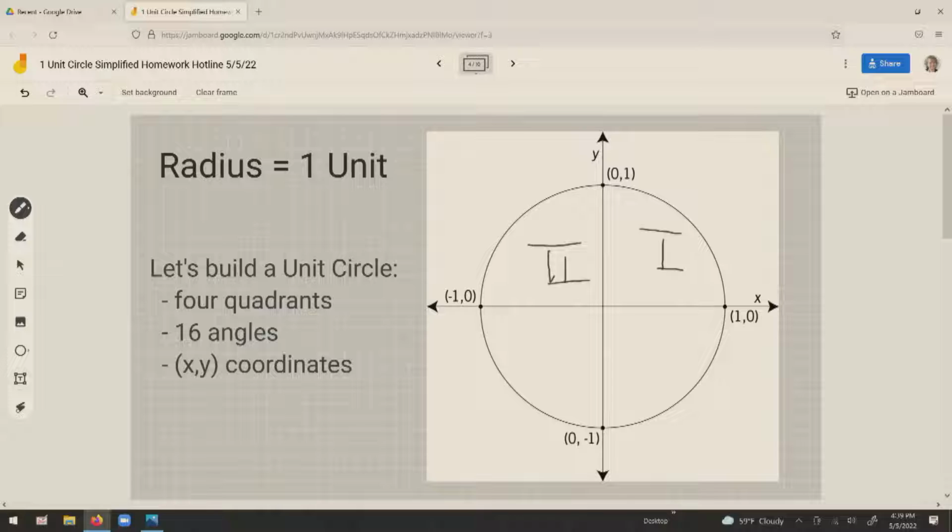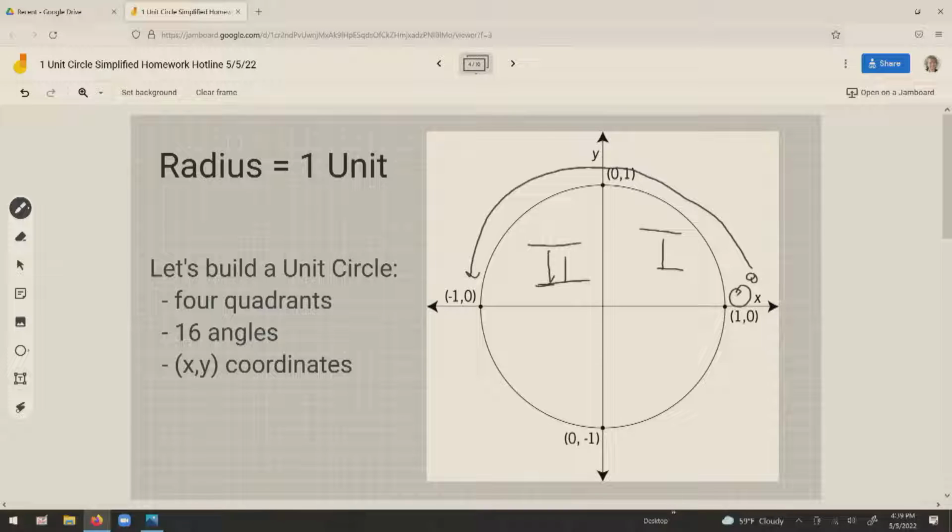Maybe partially it's because when we talk about the angles, it would start at 0 degrees here and then go this way and turn. Yeah, positive rotation is always considered to be counterclockwise. That's just by convention.